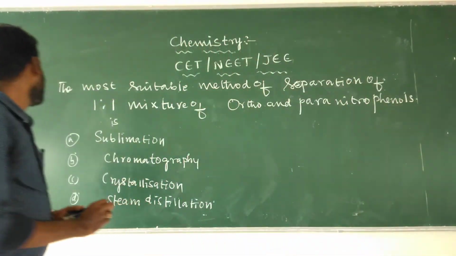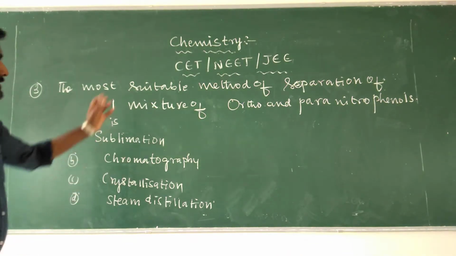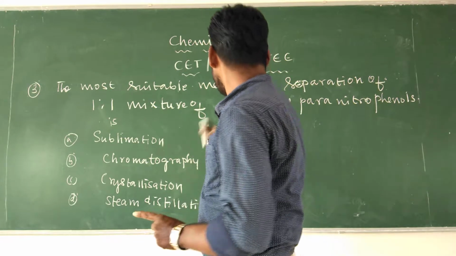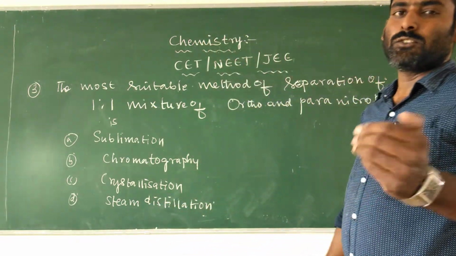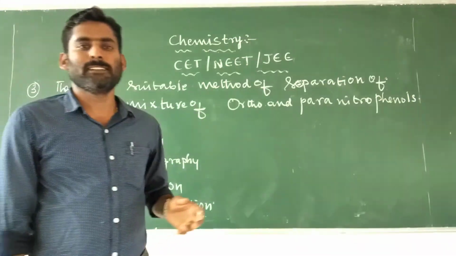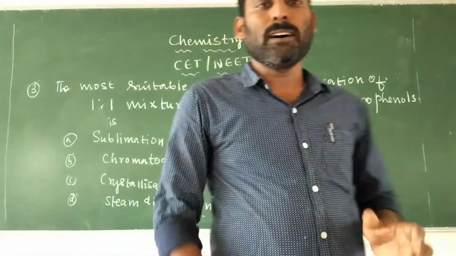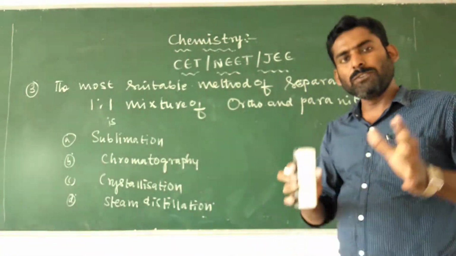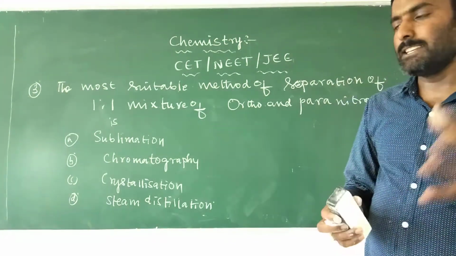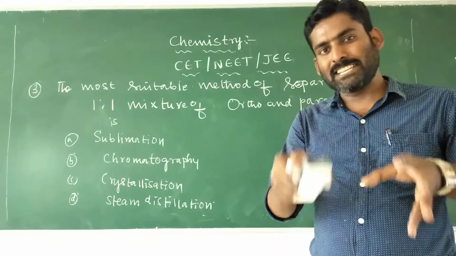So come to the third question. The most suitable method of separation of a 1:1 mixture of ortho and para-nitrophenols is. This is a question based on purification of organic compounds. We have different methods of purification like the crystallization method and the distillation method.